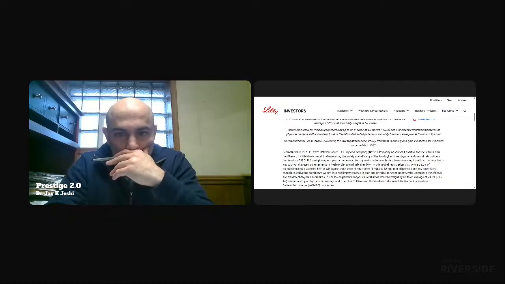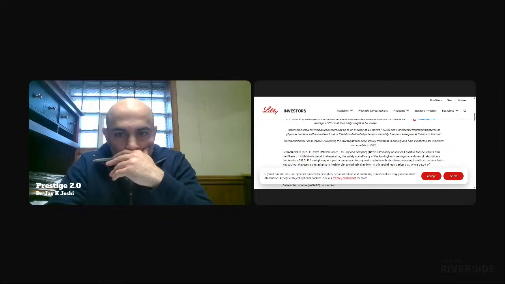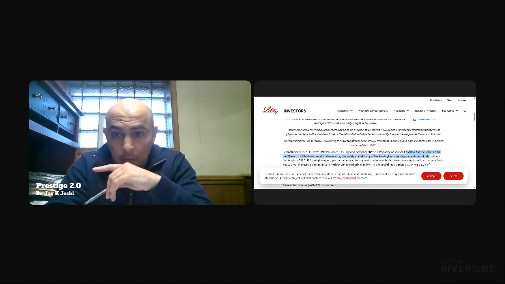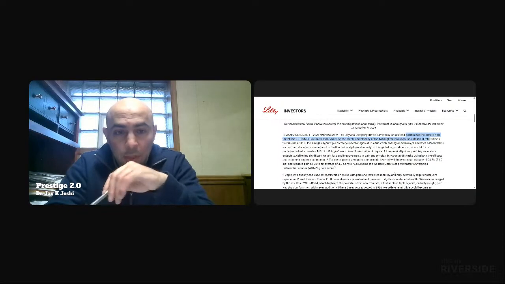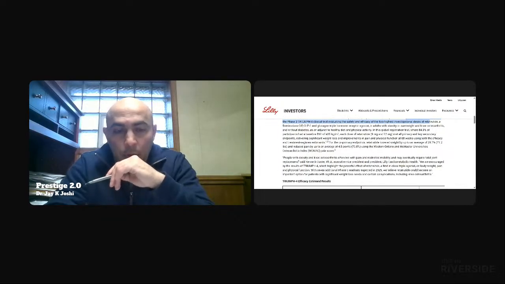So here's what they looked at. Positive top line results, phase 3 trial. Now, are they referring at any point to the patients that were screened for cardiovascular conditions? No. At any point were they dealing with anything related to, so here you see cardiometabolic health.